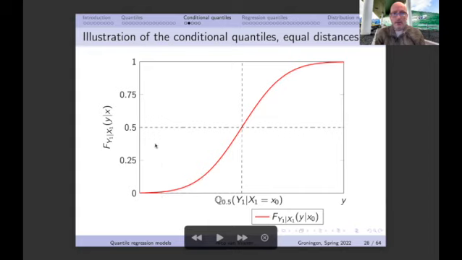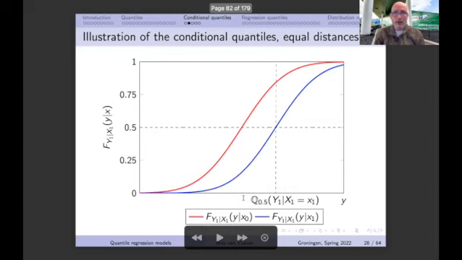Then again, it's not that difficult to understand that at the moment that we would like to look at the median, we have to start here at the level of 0.5, then we go all the way over here, and then we find out that our conditional quantile is this thing that we have over here.